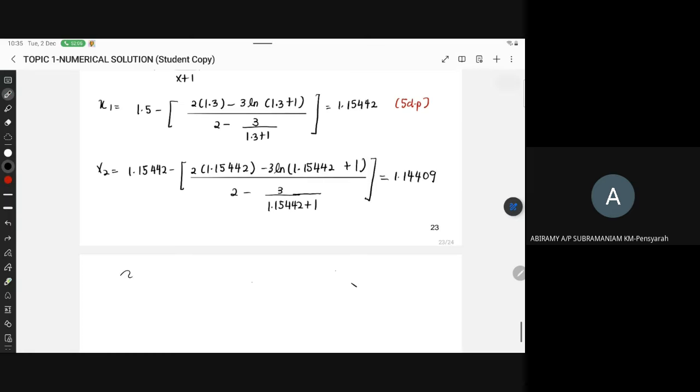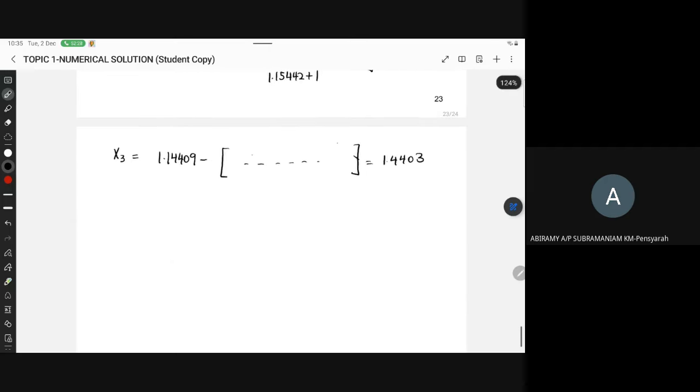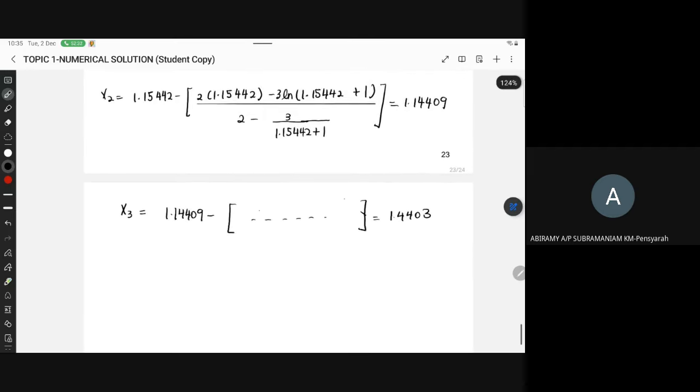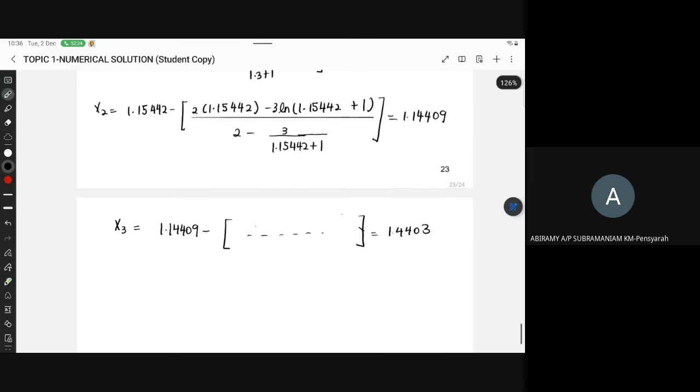When you continue the iteration with x3 by substituting the value of 1.14409 into the given equation, you will be getting 1.4403. We still have to continue since x2 and x3 are not the same value.